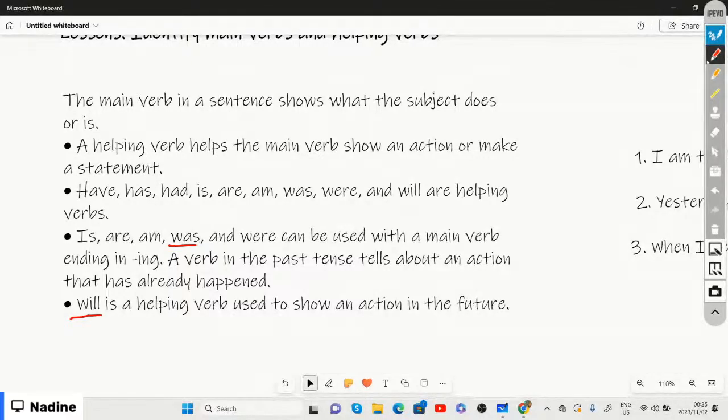It's the verb that shows the person doing something. And the helping verb helps the main verb to show the specific action, usually either in the present tense, in the past tense, or in the future tense. So I really hope that is clearer. Should I explain again?